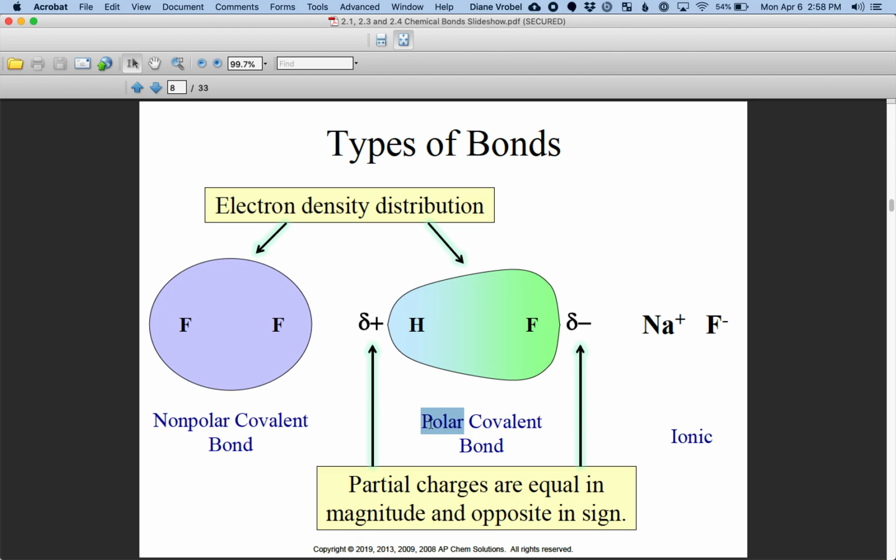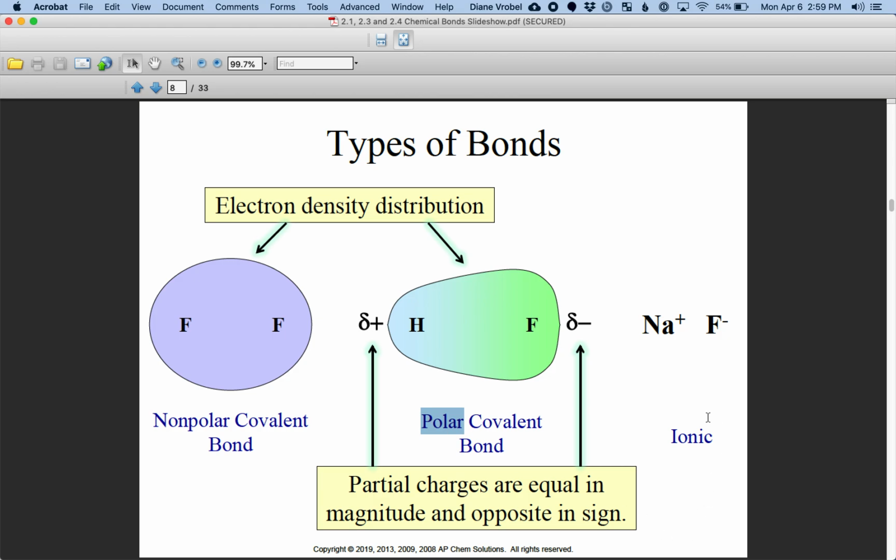And notice that the cloud that surrounds fluorine is wider than the cloud that surrounds hydrogen. That's because the electrons are being shared unequally. So it's like having that sibling that tends to hold on to something more than you. So fluorine is holding on to its electrons in the covalent bond more than it is hydrogen.